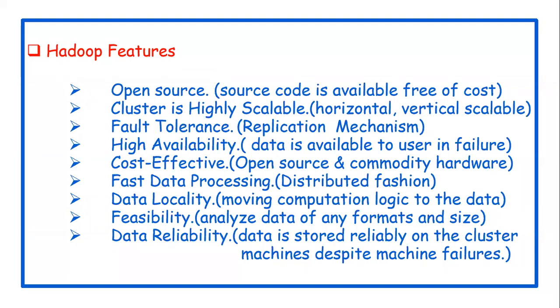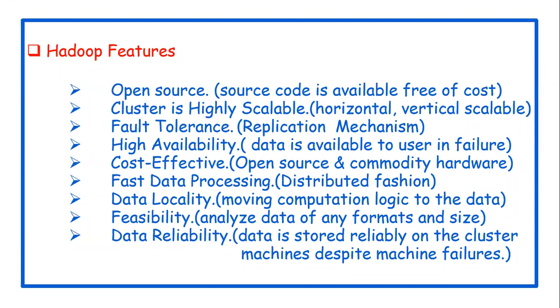Next one is fast data processing. Real-world data is very large. If you take the data of organizations like Facebook or Amazon, the volume is huge. So we need fast data processing. Customers no longer accept any delay or time-consuming work; things must happen instantly.